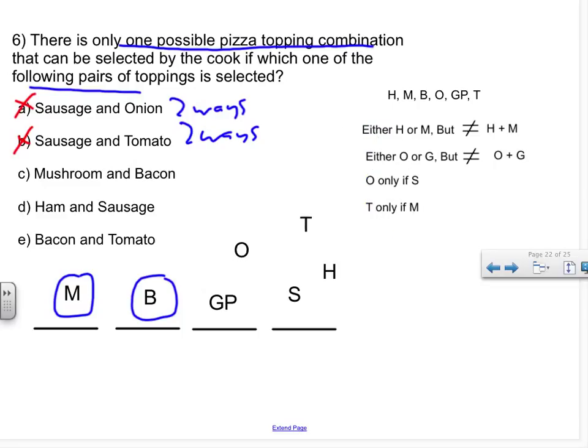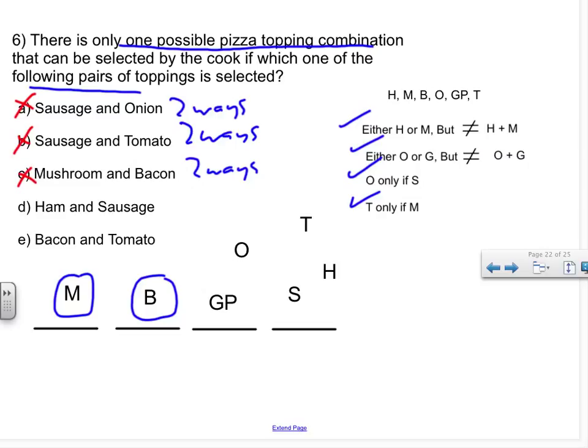Let's double check. H or M, we got M. O or G, we got G. O only if S, O doesn't appear. And T only if M, T doesn't appear. So we know that there are at least two ways, if not more. So we can eliminate C.